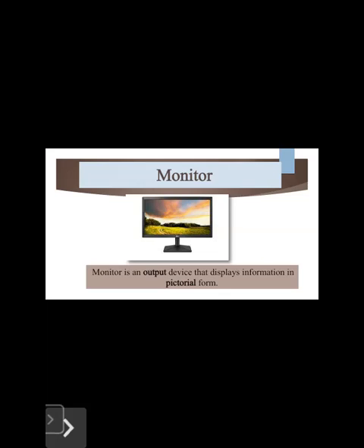Likewise, if I type the word Pakistan, how can I check that I have typed it correctly or not? Through this device, the monitor, I can see the word that I've typed is Pakistan. So through this device, I can see whatever I have written in pictorial form or in text form.